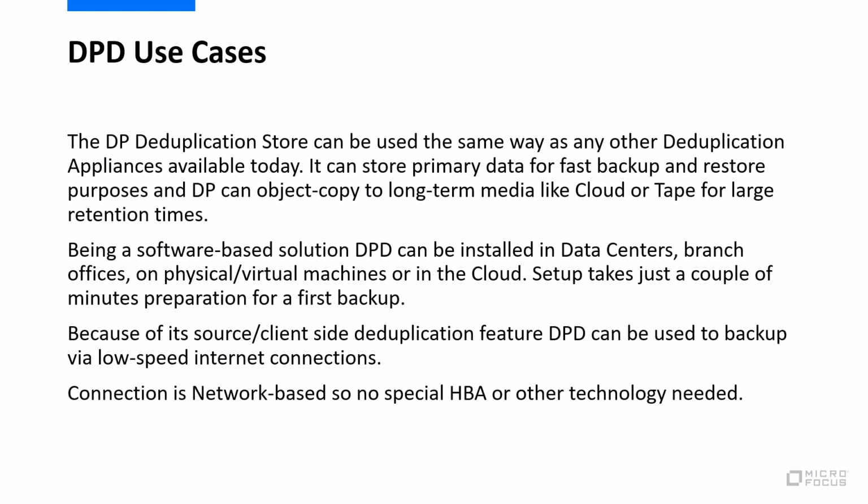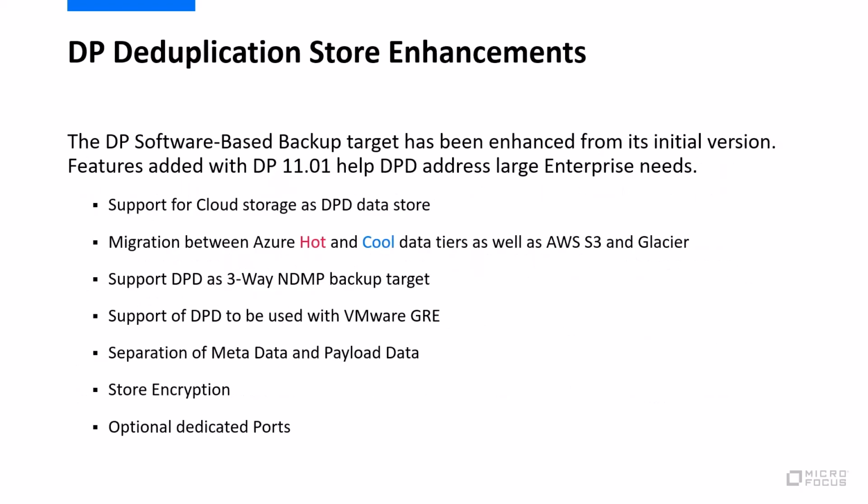It just takes a couple of minutes to prepare for first backup, so it's very easy deployable and you can change it anytime. And it can also be used in remote offices where you have low bandwidth internet connections, where source or client-side deduplication is used. So just recently, we have introduced a couple of enhancements to it.